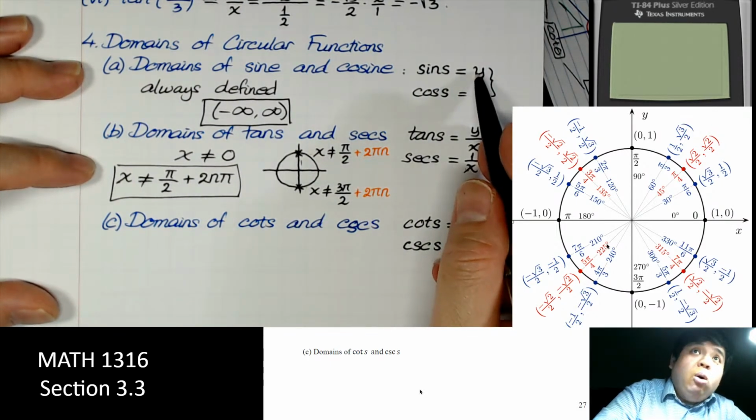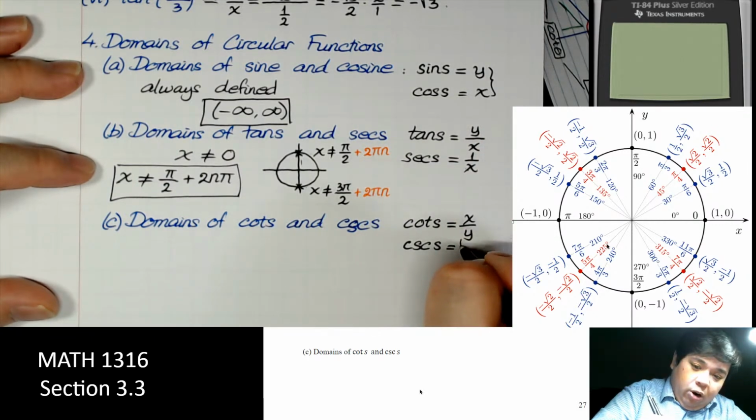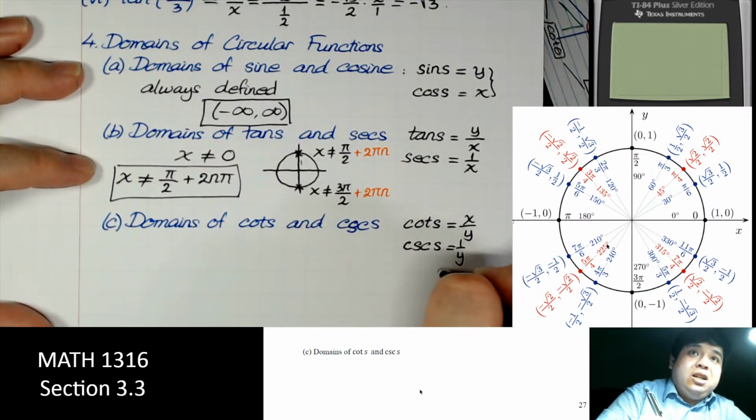Sine is y, so 1 over y. Bottom line is y cannot be equal to 0, otherwise it is undefined.